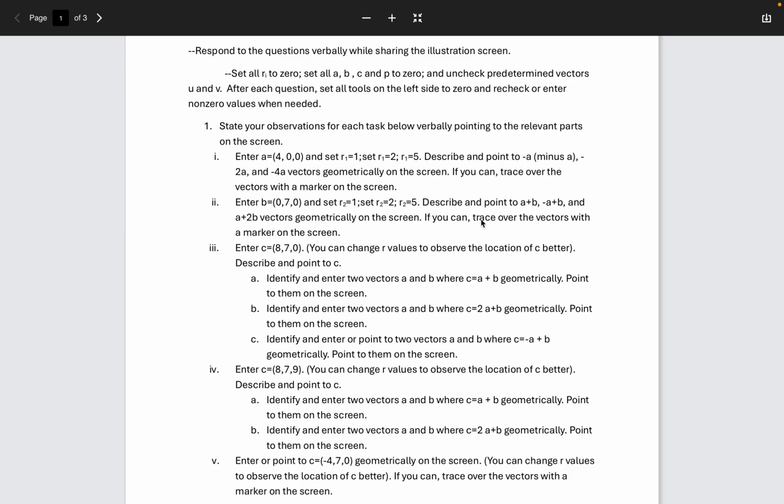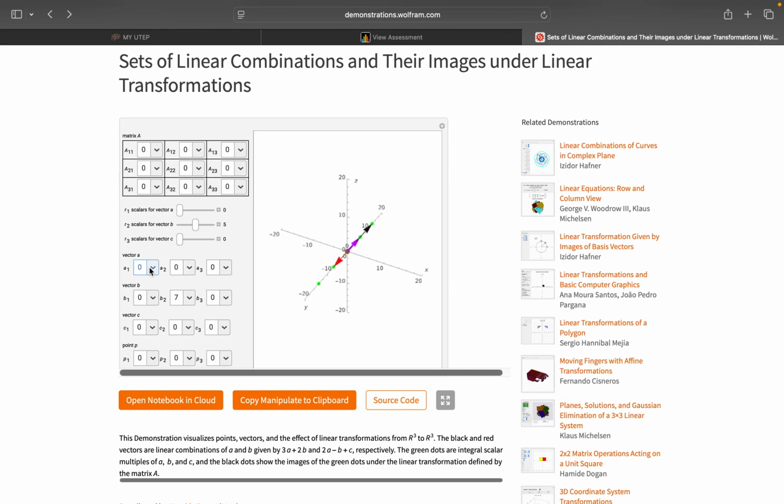So going over here, if we go back to A and plug in 4, you can see that we have 4 right here, our A vector in blue, and over here in purple is the B vector.